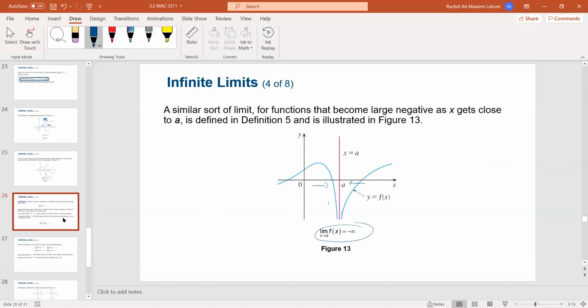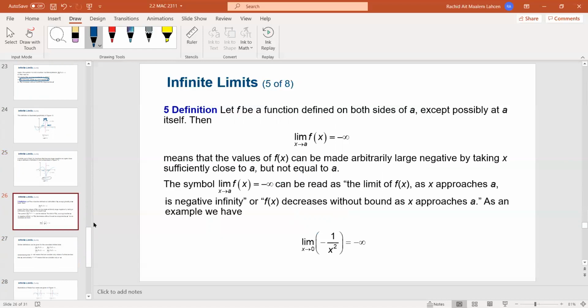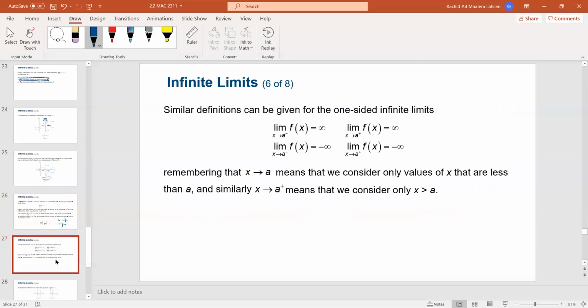All right, so you can graph this function. We know 1 over x squared looks something like this. With the negative at the front, it's going to have the reflection, so it's shooting both ways towards the negative.